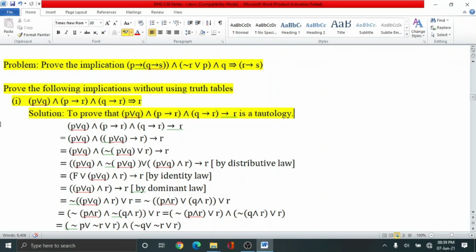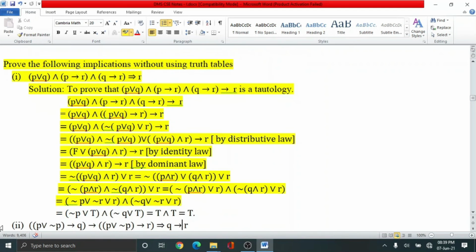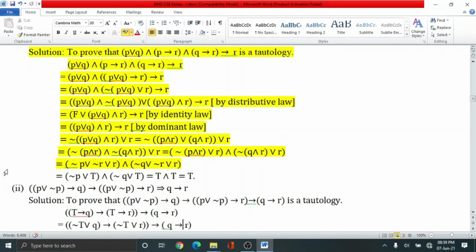And with the help of equivalent forms as well as laws of algebra, we can arrive at the tautology upon simplification of the given problem. Just go through the steps one by one by applying the identity law, dominant law, distributive law, all these equivalent forms, and we can finally get a tautology.